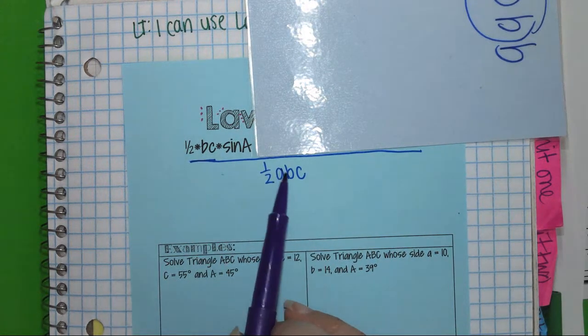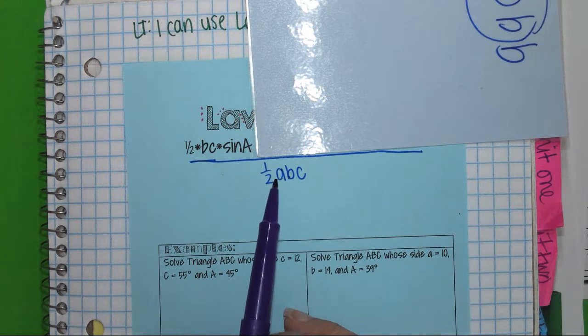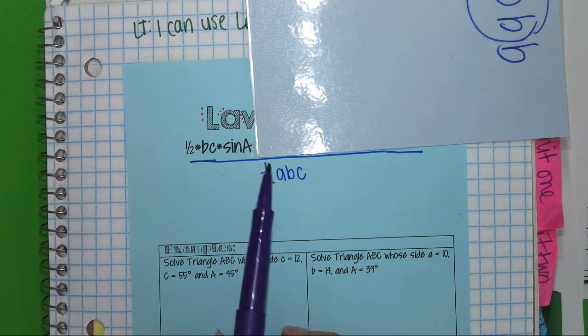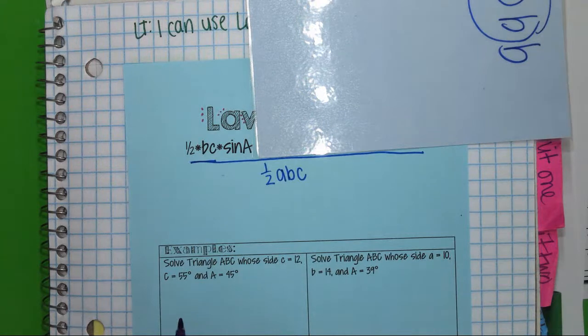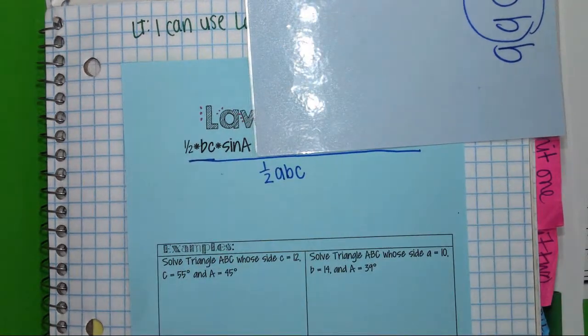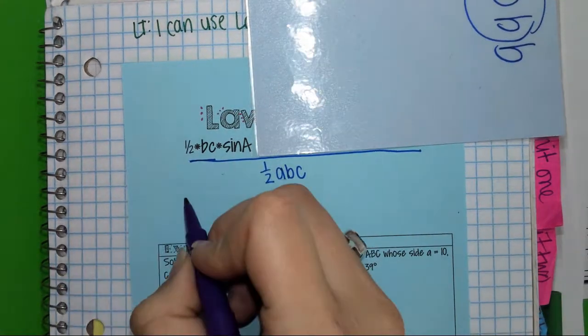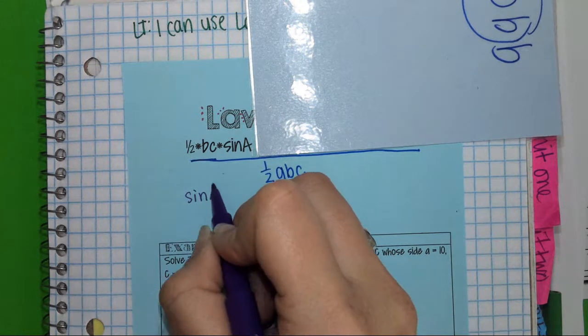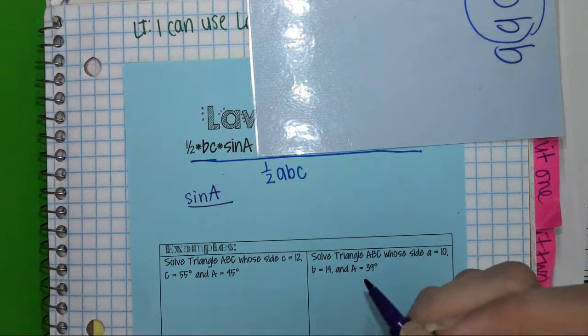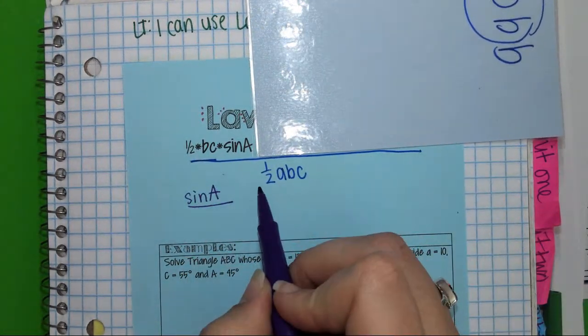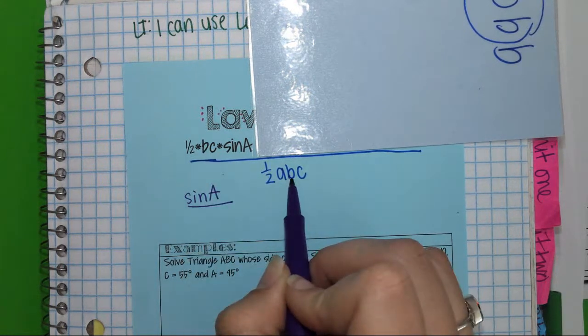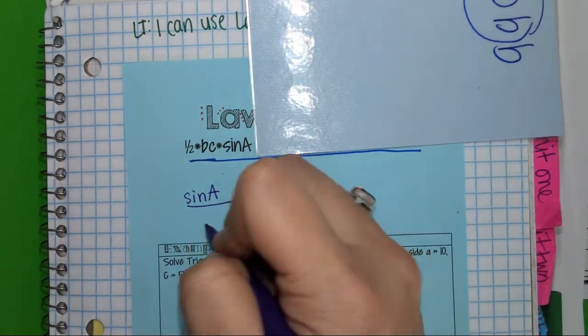And if I factor out the B, those just cancel, and what happens to them? They go away. And what else cancels? C. So what's left over on top? Sine of A. And what's left over on bottom? We canceled out the 1/2, the B, and the C. What's left? A. Baby A.